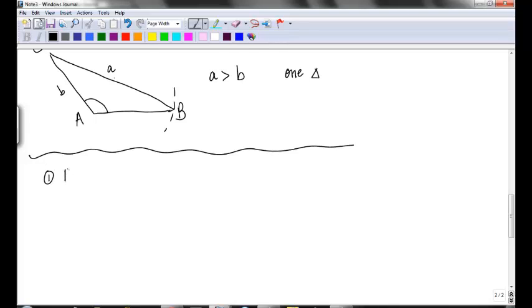So let's look at an example. Say they ask you to find the number of solutions or possible triangles. So the first thing they want to know is is it 0 triangles, 1 triangle, or 2 triangles. They want you to figure that first.